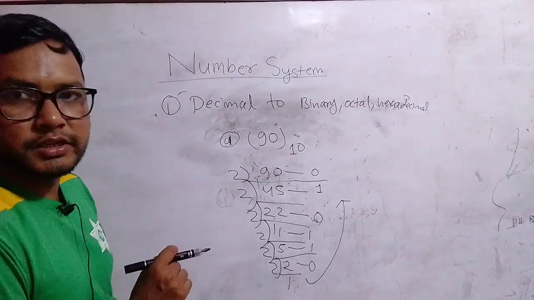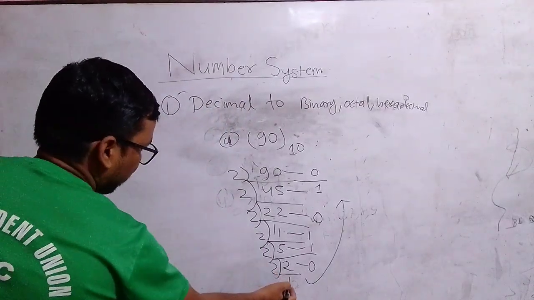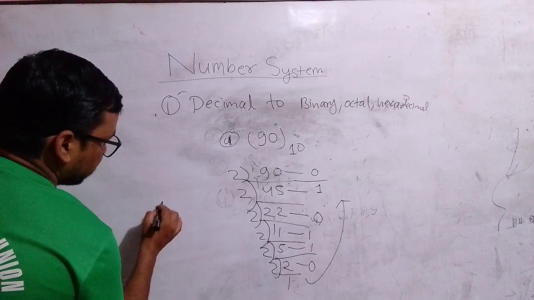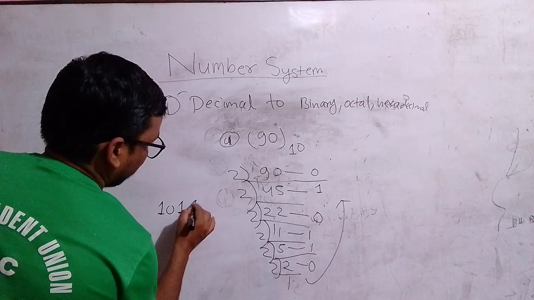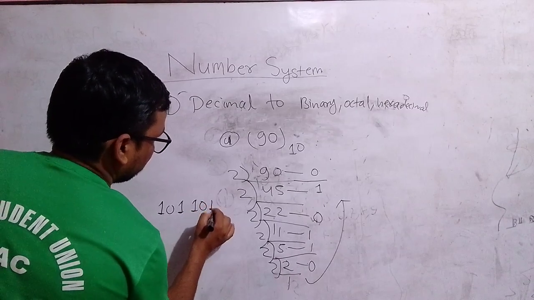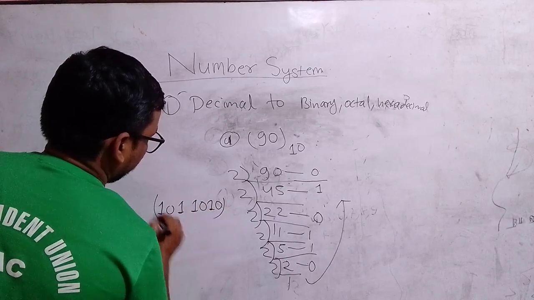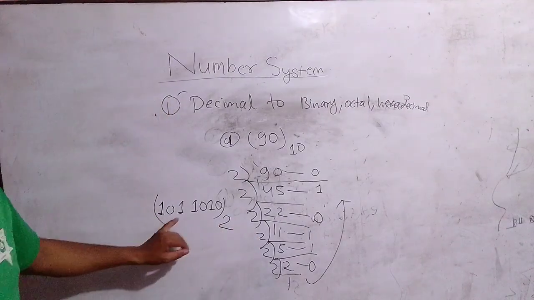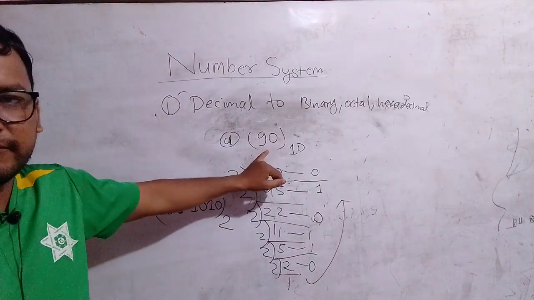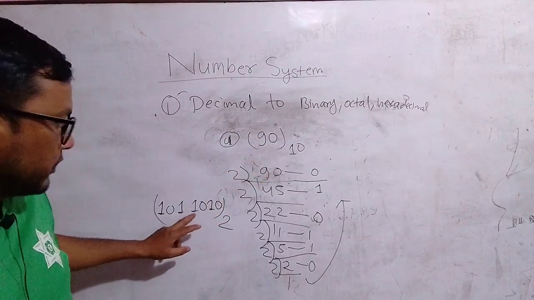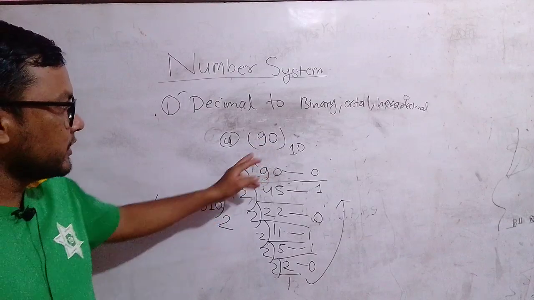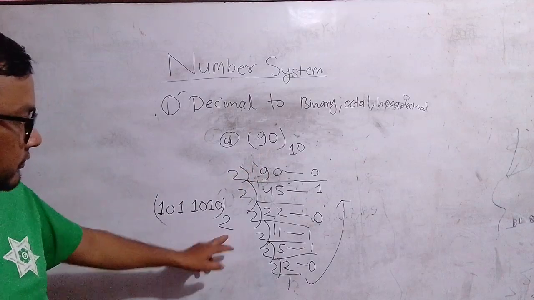Now what would be its result? Let's see. The first digit is 1, 0, 1, 1, 0, 1, 0. This is the binary number equivalent of this 90 decimal number. We use this method to obtain the binary equivalent from the decimal number system.